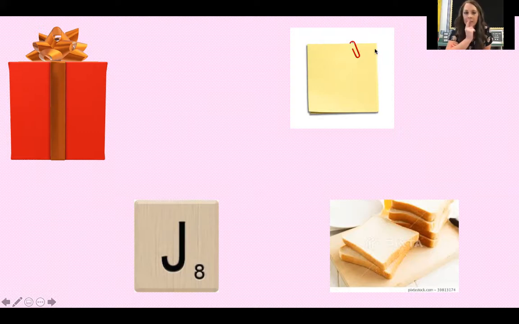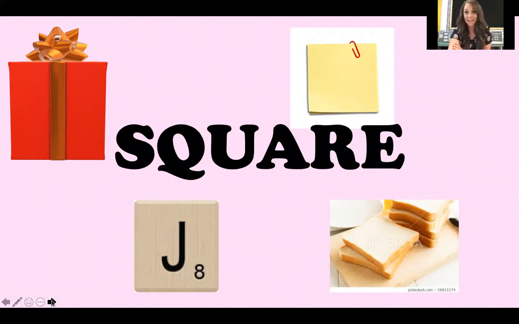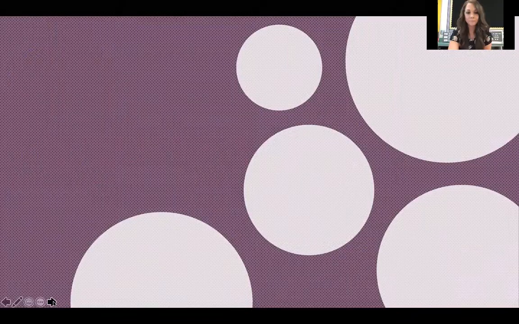Who remembers the name of a shape that has 4 sides that are the same length? Do you remember? Oh, I heard someone say it. It is a square. You're exactly right. Very good, kindergarten. Squares are shapes that have four sides that are the same length. Very good. All right, let's look at our next shape. Are you ready?